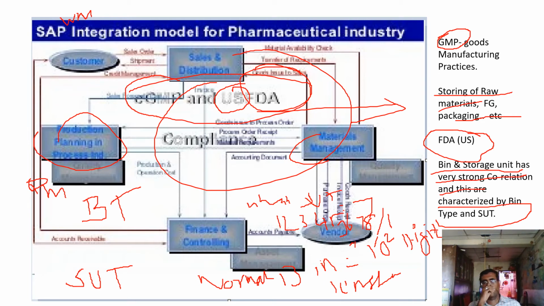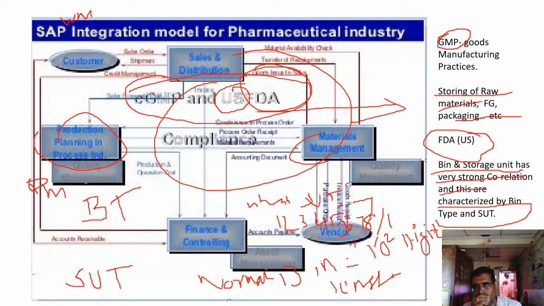Hence a user exit has to be used to direct the system for full drum or storage unit removal.